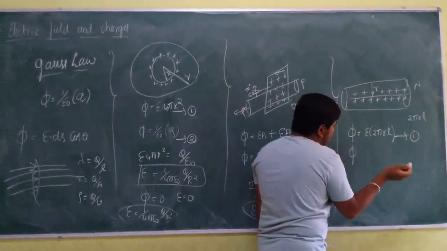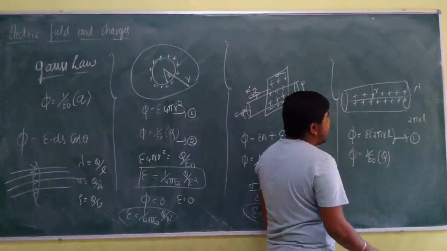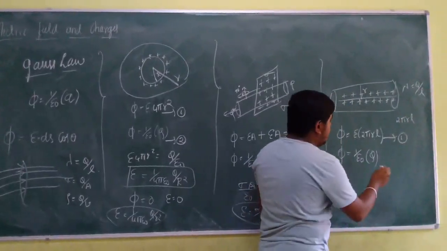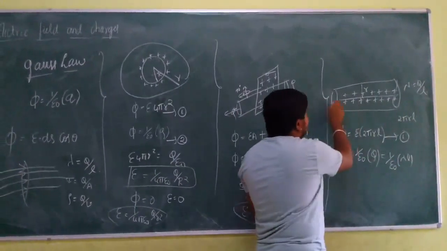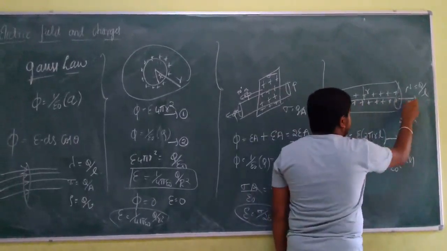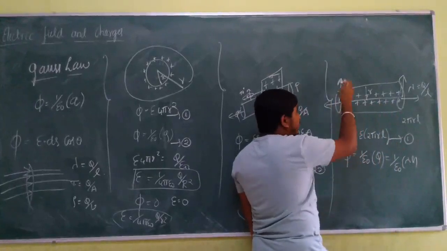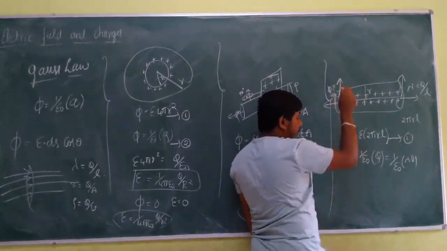According to Gauss law, flux is equal to 1 by epsilon naught times net charge. But charge per unit length is equal to lambda, so Q is equal to lambda L. The flux will be 0 over the ends because the electric field line direction for positive charge is directed outwards, and the angle is 90 degrees.